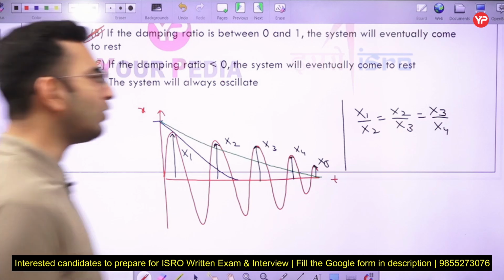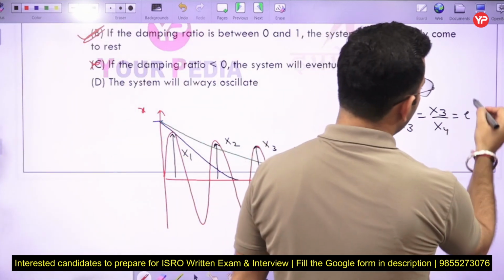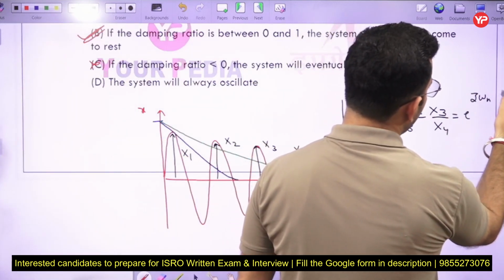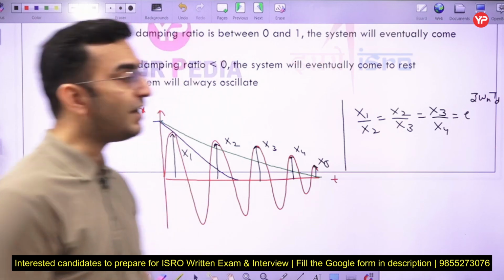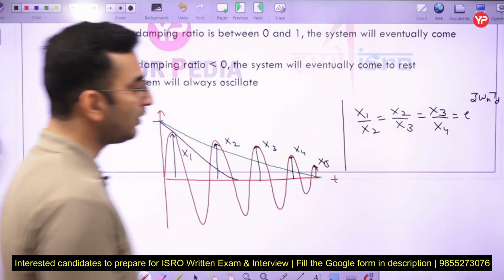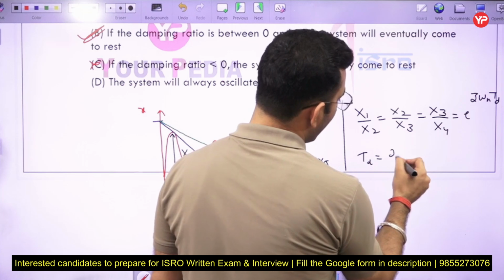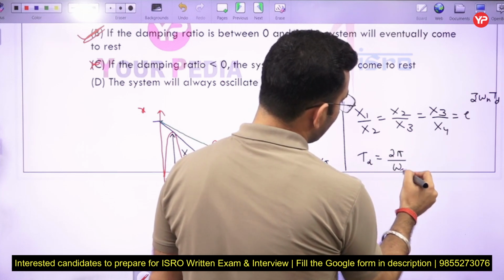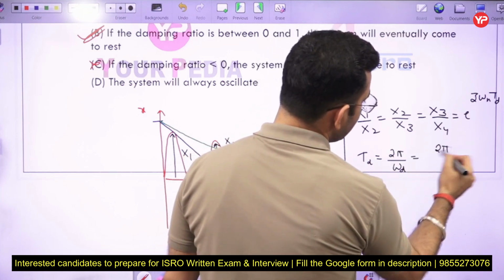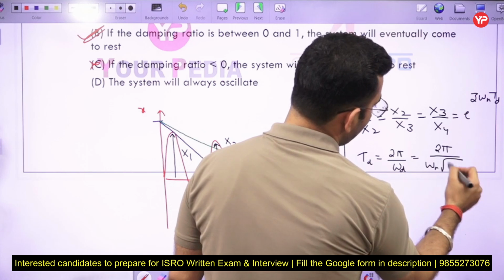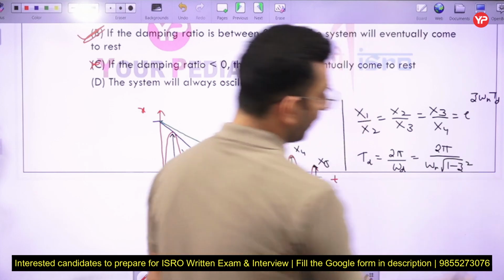It is having a value equal to exponential to the power zeta omega n Td, where Td is the damped time period of the damped vibration, which has a formula of 2 pi by omega d, which can further be written as 2 pi by omega n multiplied by under root of 1 minus zeta square.